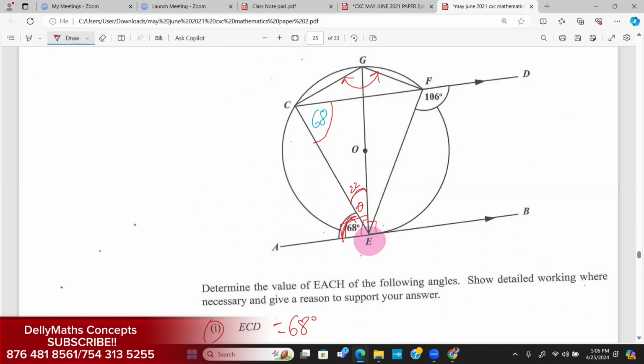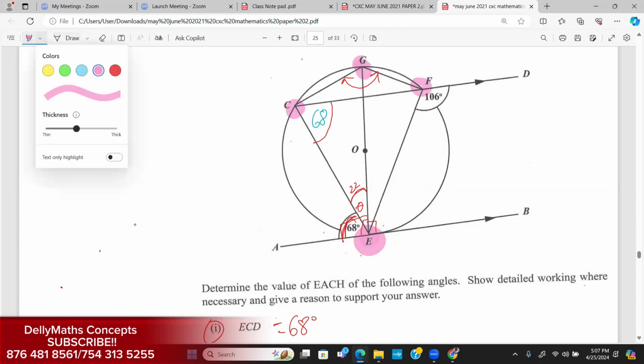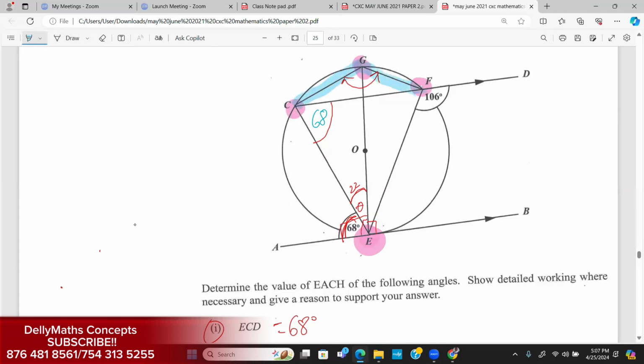We were told that C, G, F, and E were on the circumference of the circle, which would make this shape that I'm about to outline a cyclic quadrilateral. So we're going to utilize the idea of the cyclic quadrilateral to solve this problem.